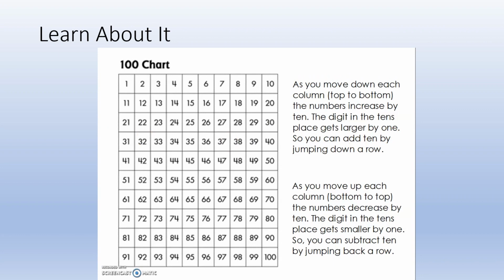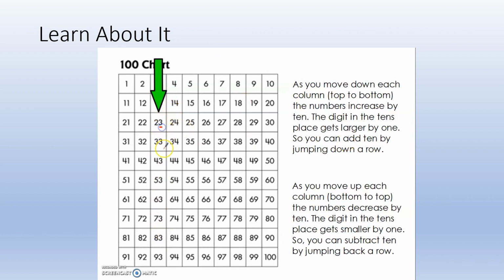We can also notice some patterns by going up and down rows on our hundreds chart or columns. As you move down each column from top to bottom, the numbers increase by 10. So you might notice some patterns as we go down the column on our hundreds chart. Let's take a look.